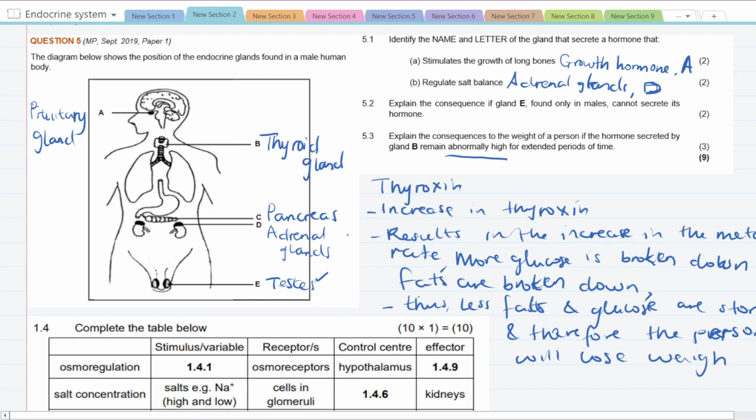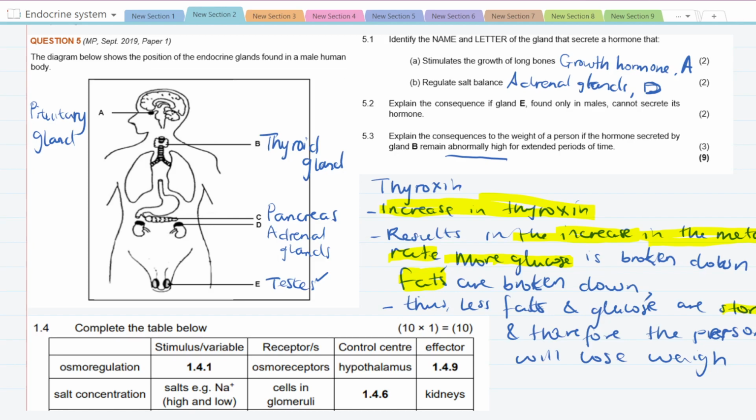So now basically here we are talking about thyroxine, and the thing about thyroxine is that if there is a lot of thyroxine in the blood, it is going to increase the metabolic rate. And when there's an increase in the metabolic rate, it means that more glucose and fats are broken down in the body instead of being stored.